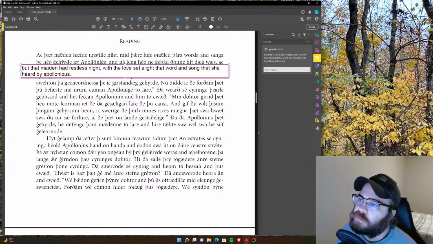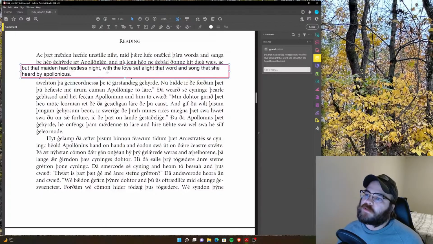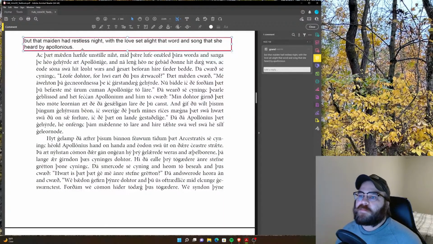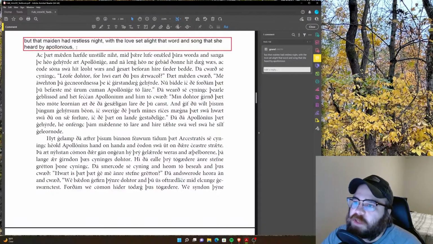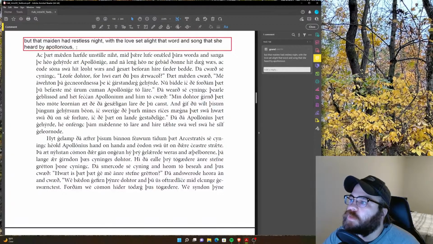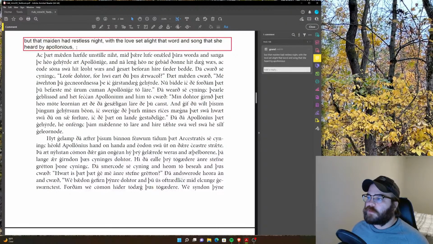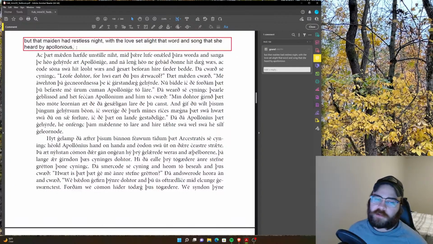I guess that's not the sentence, that is just the first clause. Maybe the first two clauses. That is, but that maiden had a restless night, with the love set alight, that word in song that she had heard from Apollonius. So she had a restless night because of her love being set alight by the words and songs that Apollonius had sung and said earlier that evening.